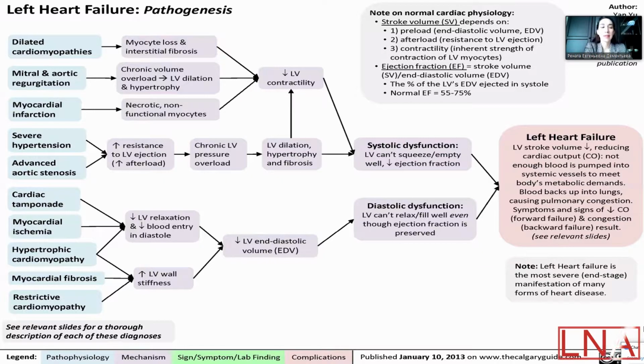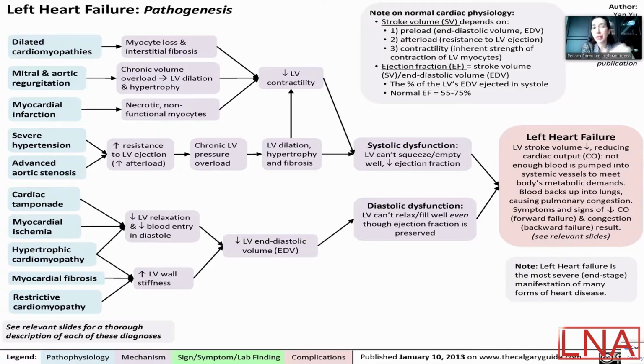Cardiac tamponade, myocardial ischemia, and hypertrophic cardiomyopathy lead to decreased left ventricular relaxation. The left ventricle can't relax normally during diastole, during passive filling, so there is not enough volume inside the left ventricle, leading to decreased blood entering the chamber in diastole and decreased left ventricular end-diastolic volume.